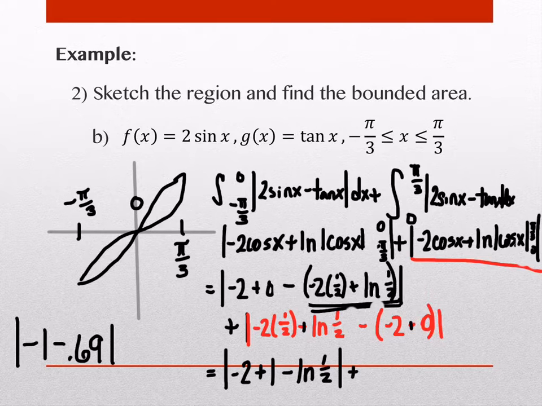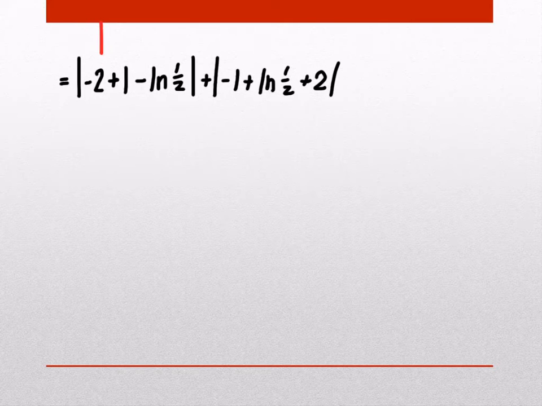Then I have plus, on the second piece, I have -1 plus the natural log of 1/2, and then plus a 2. Yes, they should be the same thing. Are they? Okay, that's good.